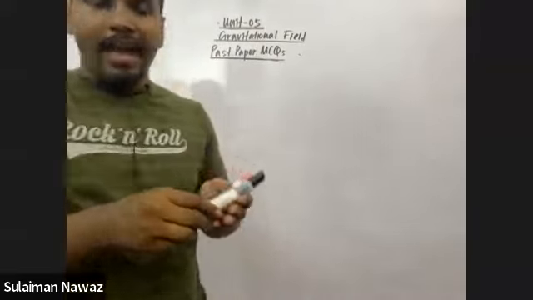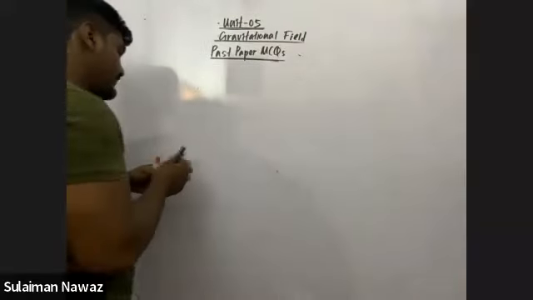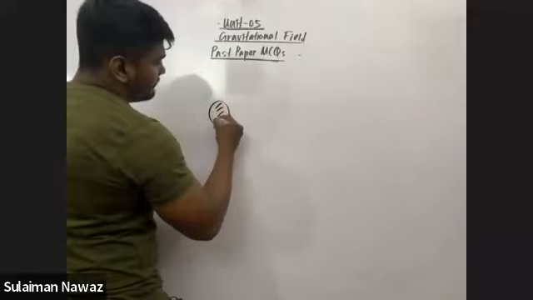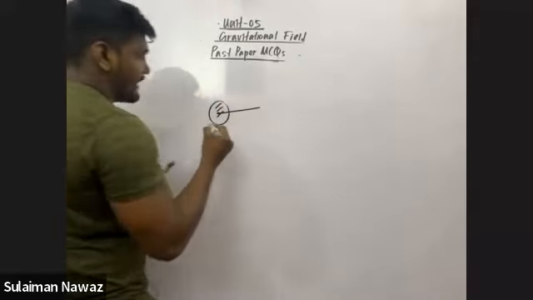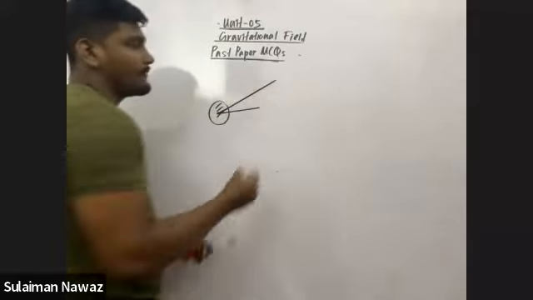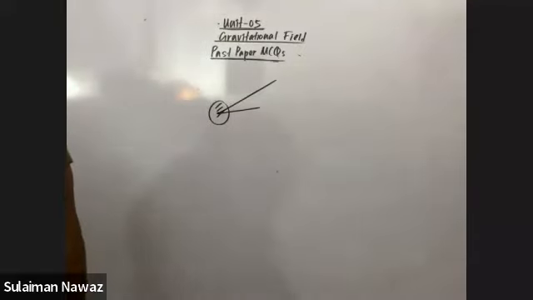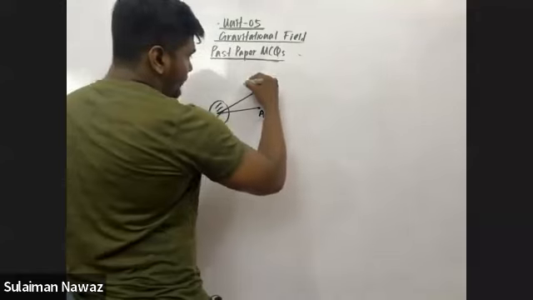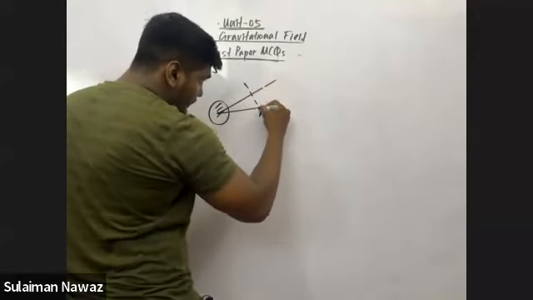Now they have given a planet. That planet is capital P. There are two satellites, capital A and capital B, orbiting around that planet. Let's say this is my planet, with two satellites. Satellite A is moving around the planet in an orbit.